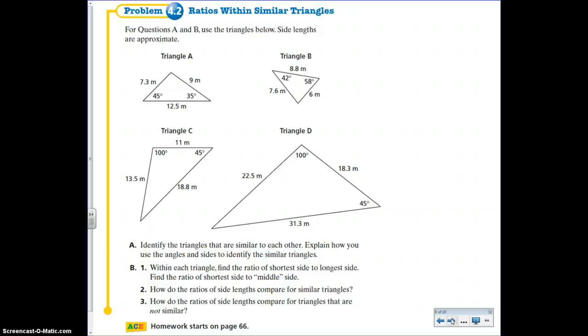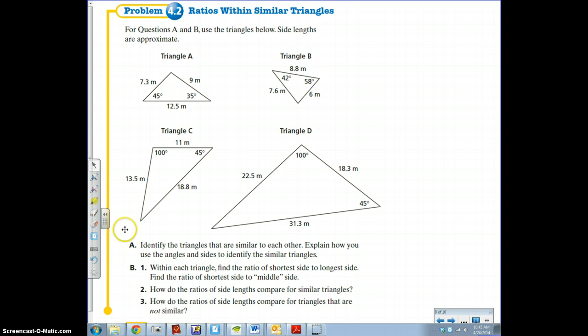Then for question B, within each triangle, so you'll list this information for all 4 triangles, find the ratio of shortest to longest and the ratio of shortest to middle. So if I were doing this, I would write down, see if my pen will start working here.